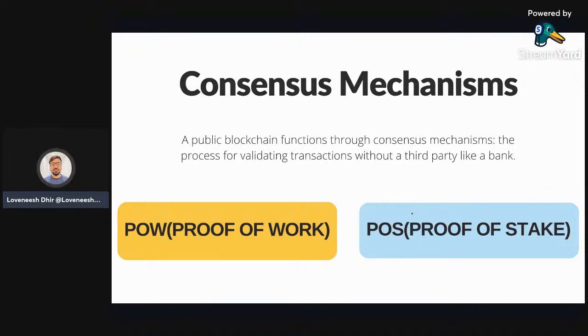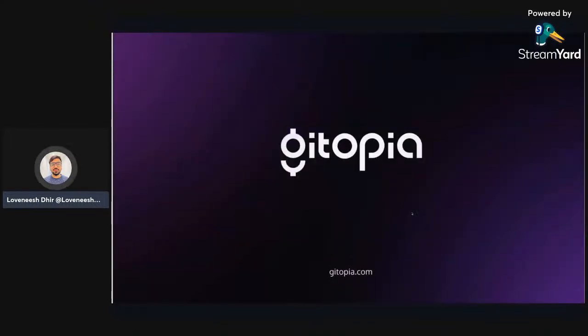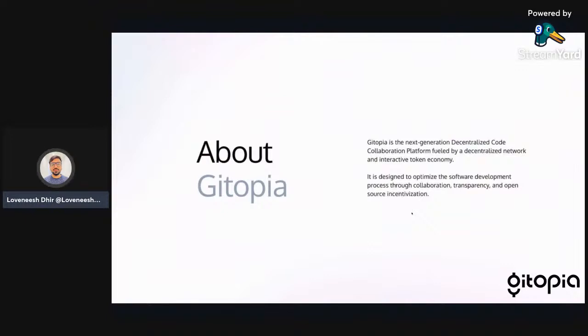Okay, coming forward to Gitopia. As I already told you guys, I am a DevRel engineer at Gitopia. So what particularly is Gitopia? Gitopia is the next generation decentralized code collaboration platform for Web3.